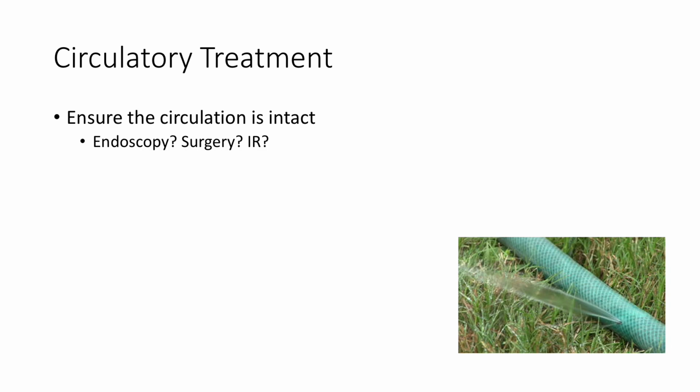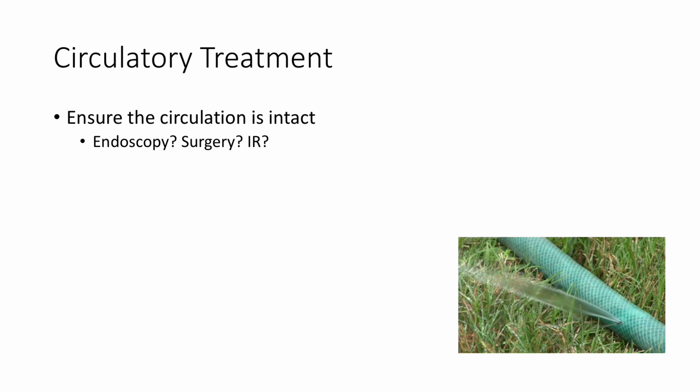So we've looked at assessment of the circulatory system, and now we need to look at treating circulatory problems. And the first thing to say is that you do need to ensure that the circulation is intact. It sounds really obvious, but the number of times that we've come unstuck from not attending to this.